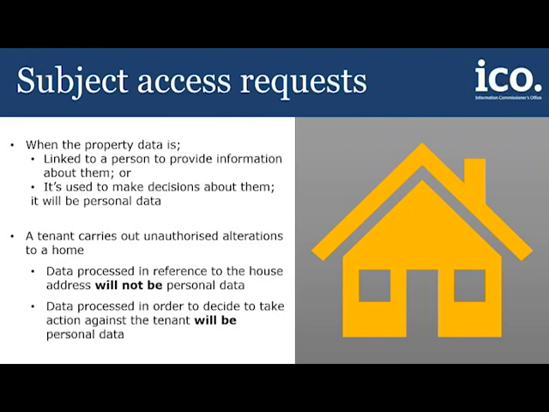However, as soon as data about a house is either linked to a particular person to provide information about them, e.g. their address, or it's used to make decisions about them, so, for example, the amount of electricity used at a house determines the bill the tenant is required to pay, then the data about the property is also personal data.